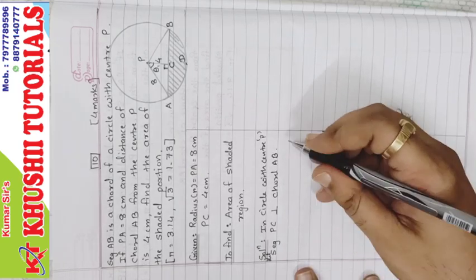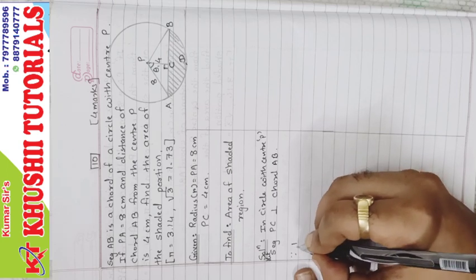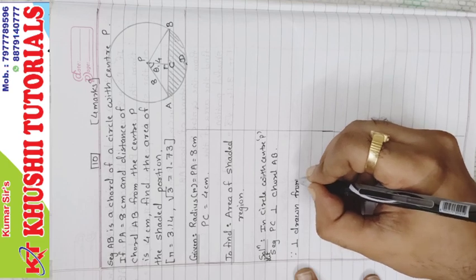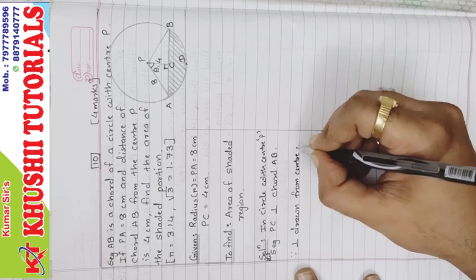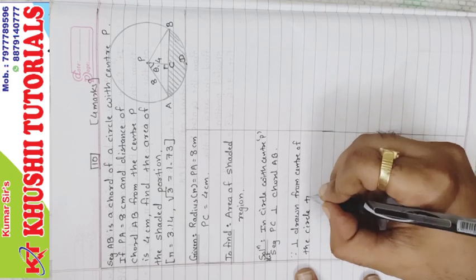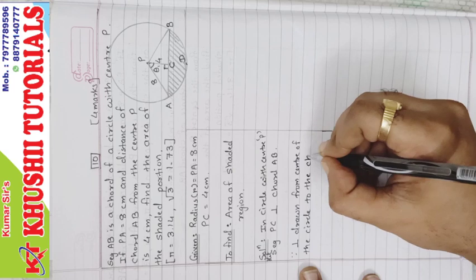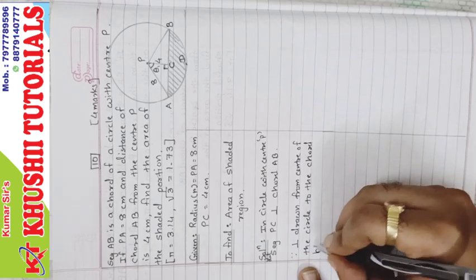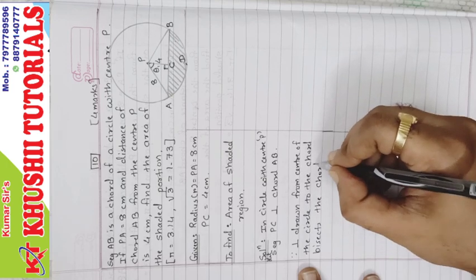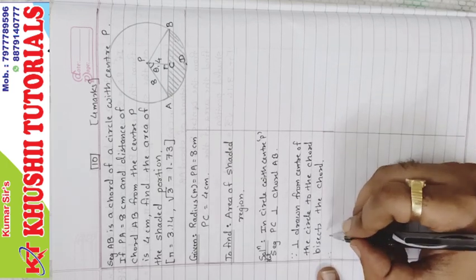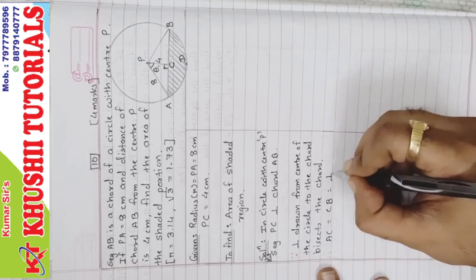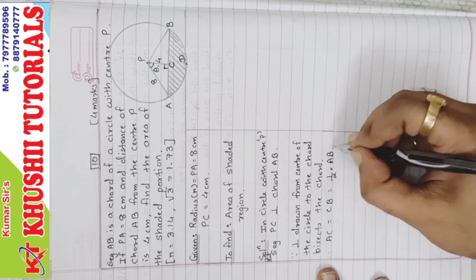Now by chord bisection property, or since perpendicular drawn from center of the circle to the chord bisects the chord. Therefore AC equal to CB equal to half of AB. We will mark it as 1.